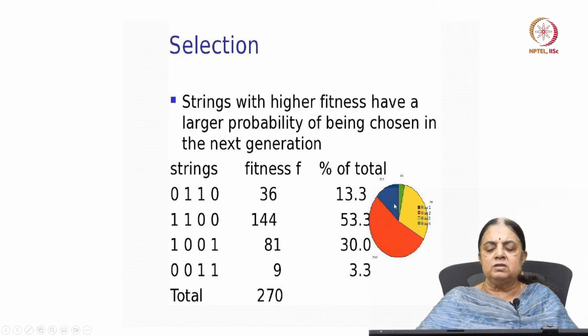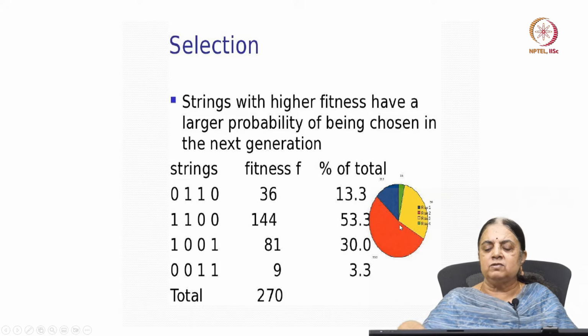Here it is represented over here. We can see that this red one is your string 2, this yellow one gives you your string 3, this blue one gives you your first string, and the green one is your fourth string. You can look at this like a roulette wheel which is used when you gamble.